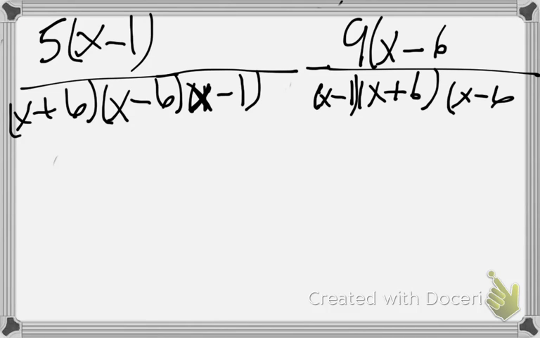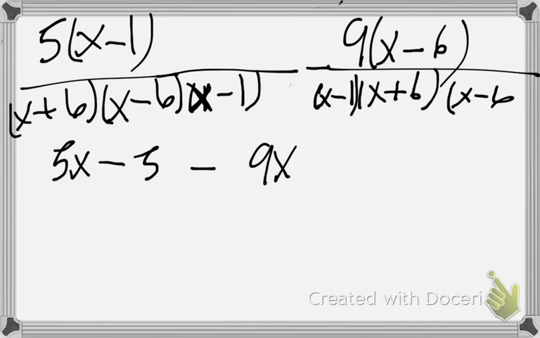So our denominators are the same now as we went over, and so we're going to have 5x minus 5 minus 9x minus 54, I'm pretty sure. Let me double check. Second function. Yes, 9x or negative 54.